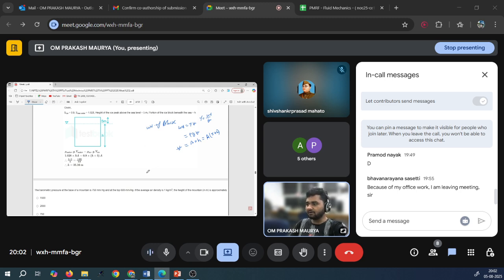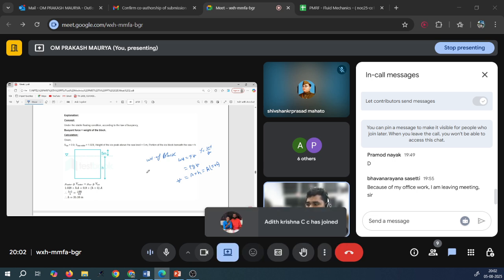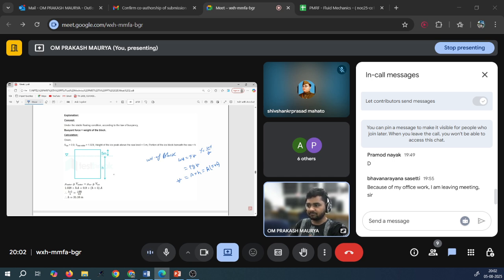And what is your buoyant force? The buoyant force is equal to the displaced volume, as I have already told. So rho of water, that is 1000, or for sea water here 1028, and the volume of water displaced is only this much, not all.